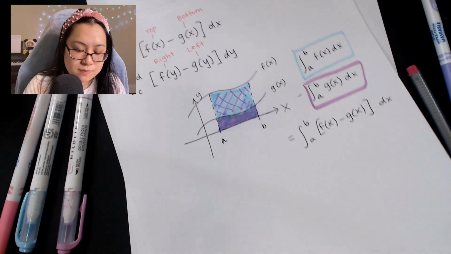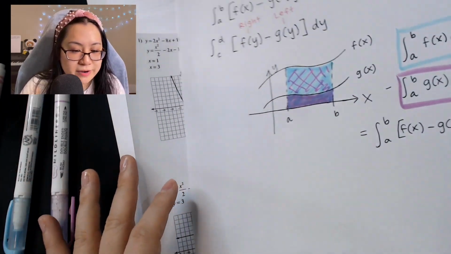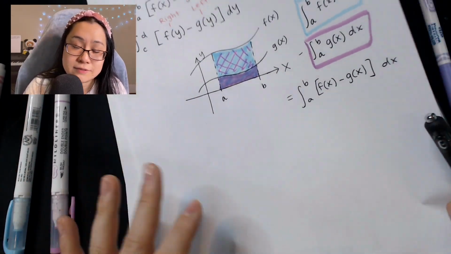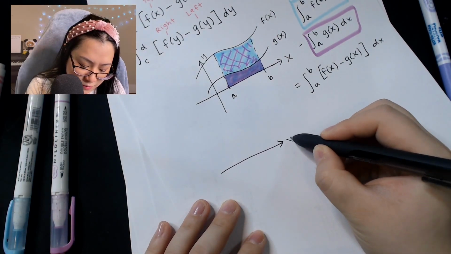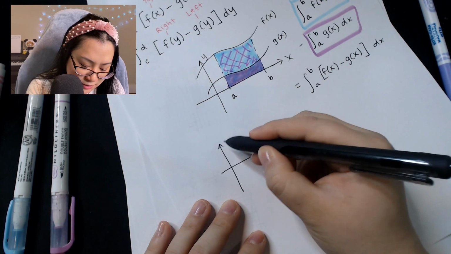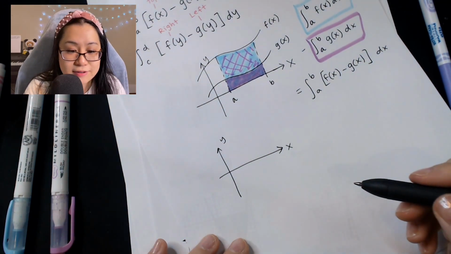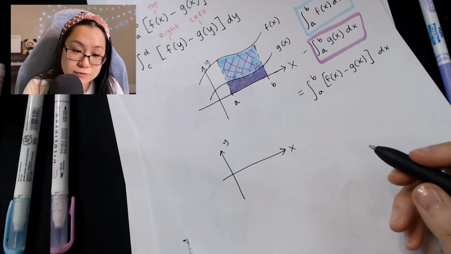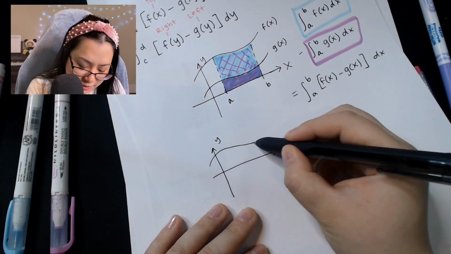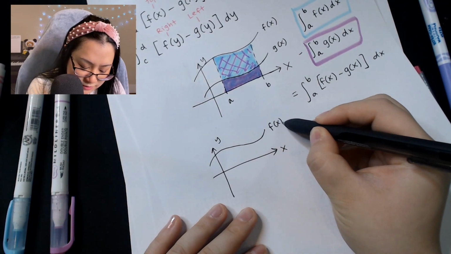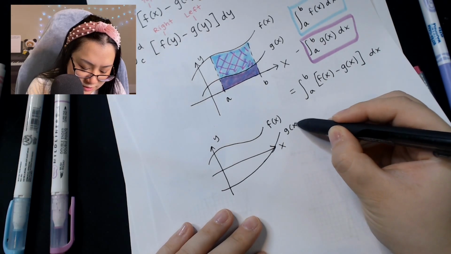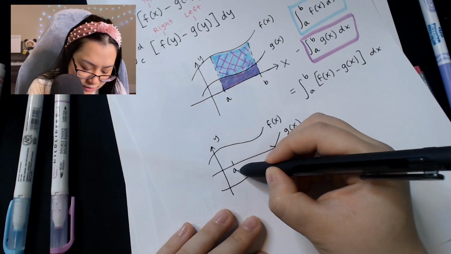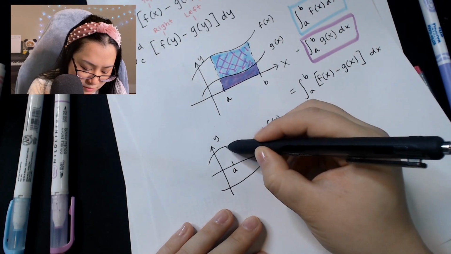Okay, so I think where it starts to get a little bit confusing is if we have one or both functions being negative over the interval. So let's say we have f of x, and let's say we have g of x like this from a to b. So we have this.